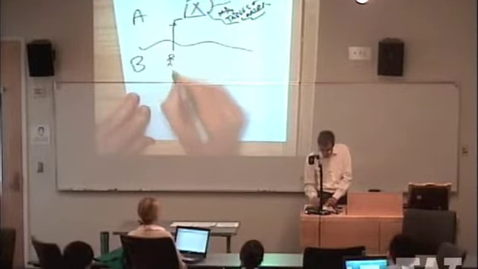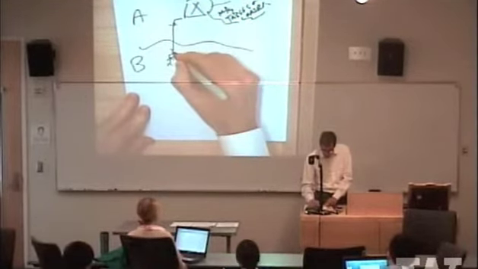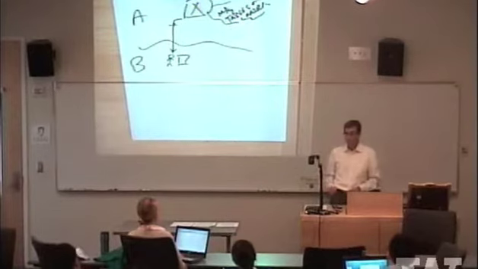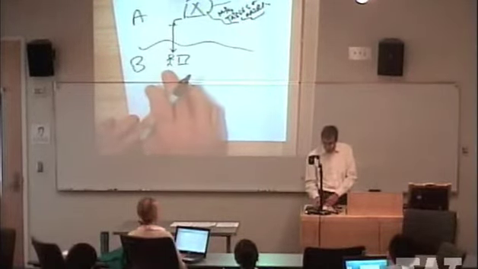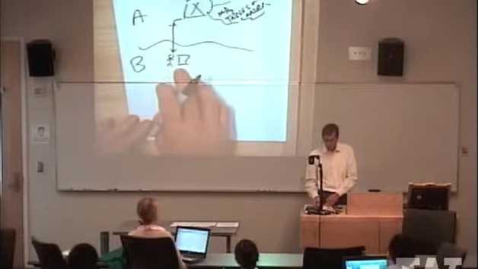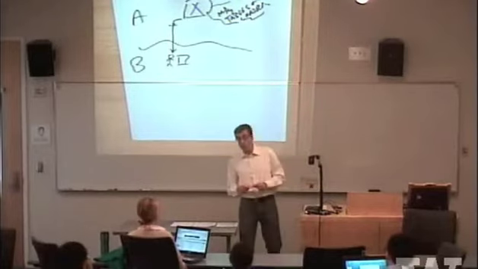Could be an individual, could be a company, to somebody in country B. And we will say that in country B, the customer is the one that has to clear customs.